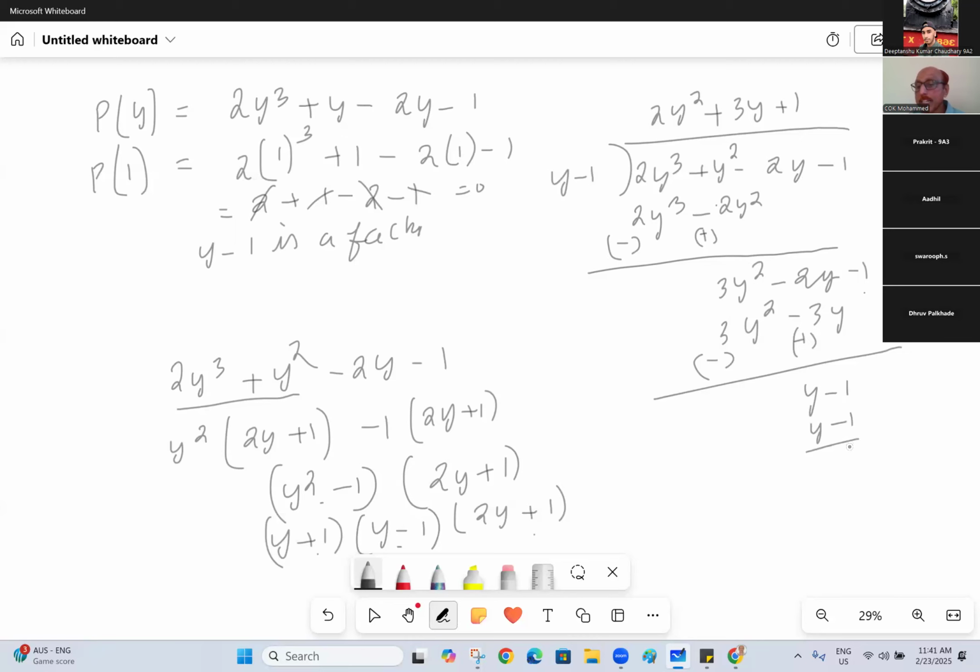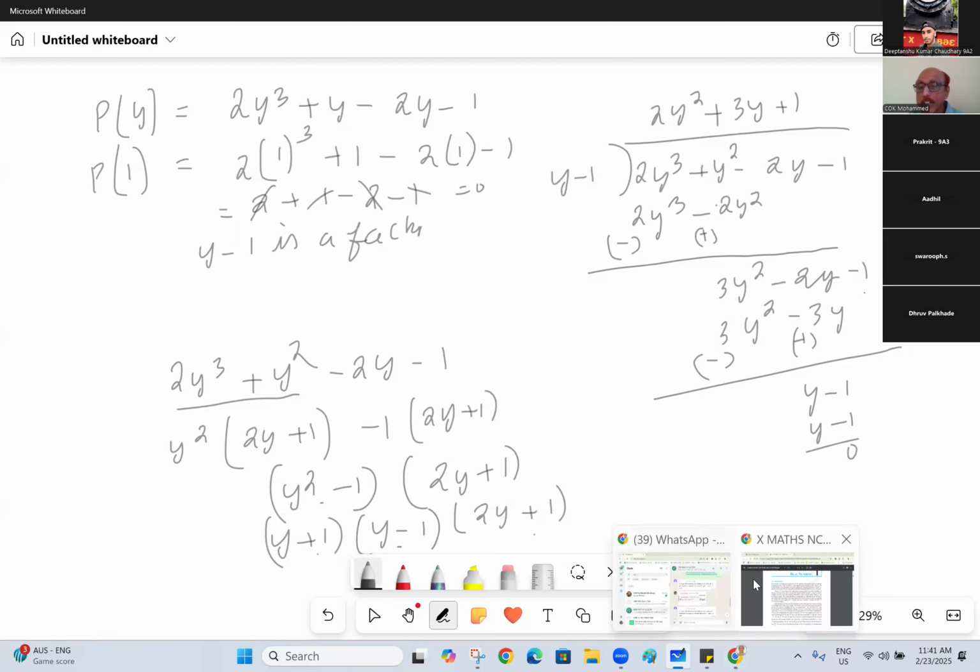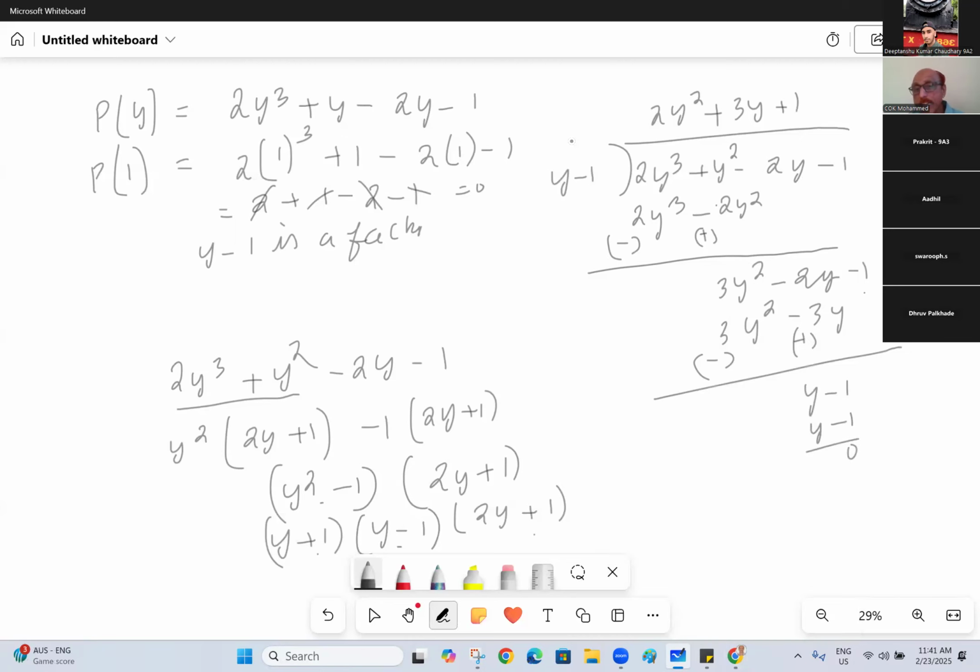You are getting y minus 1 plus 1, y minus 1, 0. So you got y minus 1 into 2y square plus 3y plus 1. Okay, split the middle term. Product should be 2, sum should be 3. So you can take it as 2y and 1.